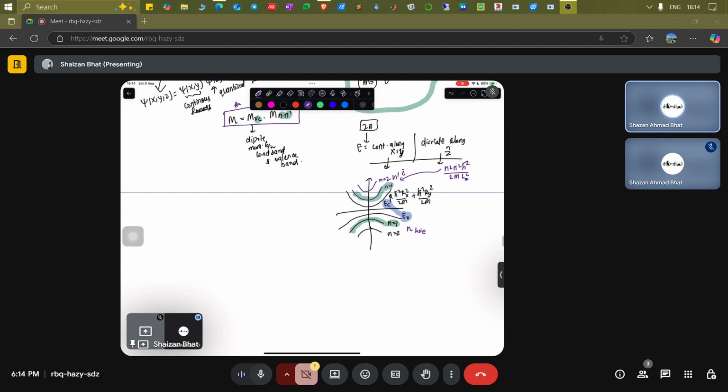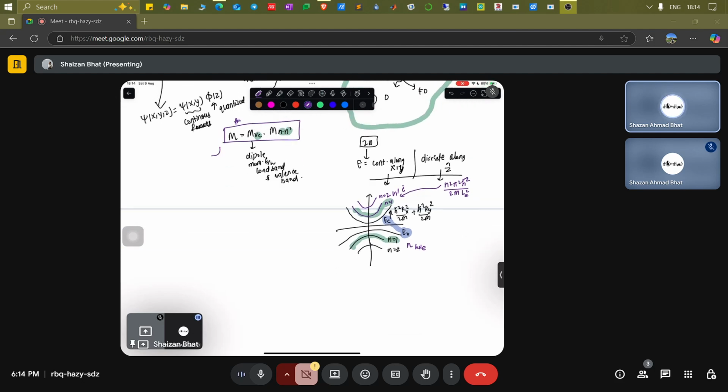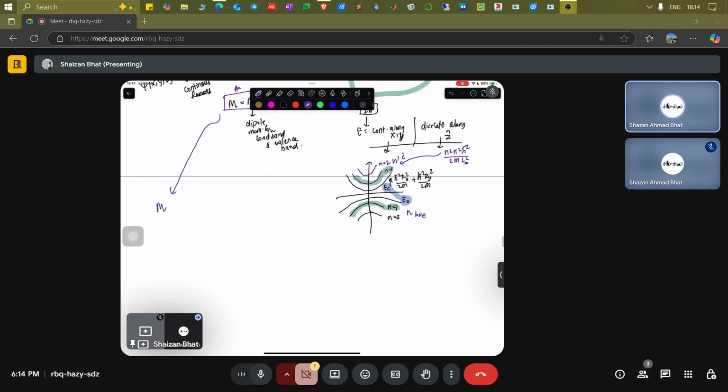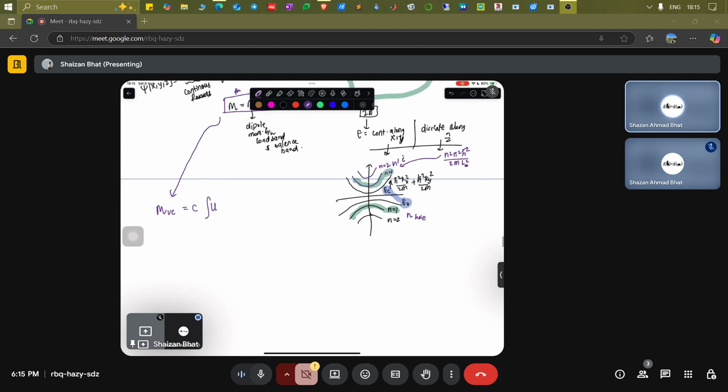You write the dipole moment as this, and when you separate it out, you can write the dipole moment for the valence band and conduction band as some constant times the matrix element of valence band and conduction band. You can write it as the integral of uc conjugate x uv dx dy.